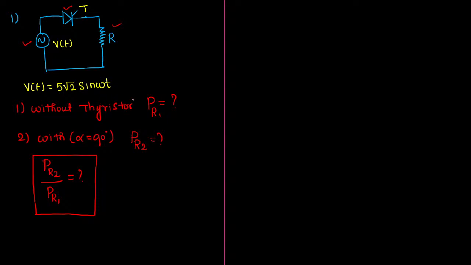So now it is your responsibility. Supply voltage is clearly given. Find the power consumed by the resistor R without SCR and with the SCR. That's all. Take your time. You can take 2 to 3 minutes. Drop your answer in the comment section.